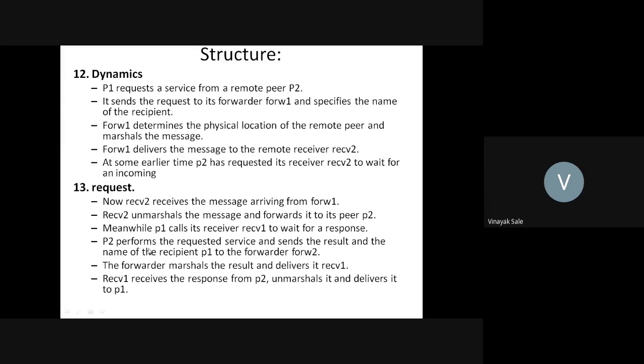P2 performs the requested service and sends the result and the name of the recipient P1 to forwarder 1. Forwarder marshals the response and delivers it. Receiver 1 receives the response from P2, unmarshals it and delivers it to P1.